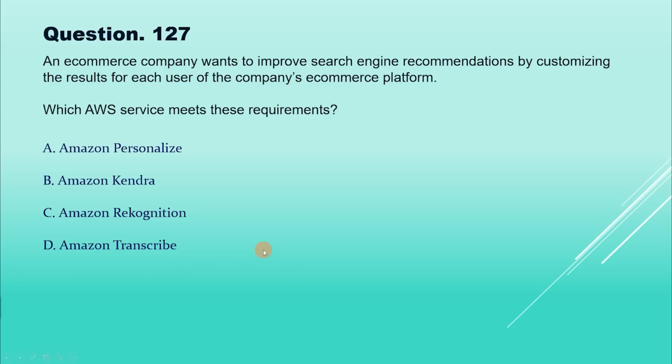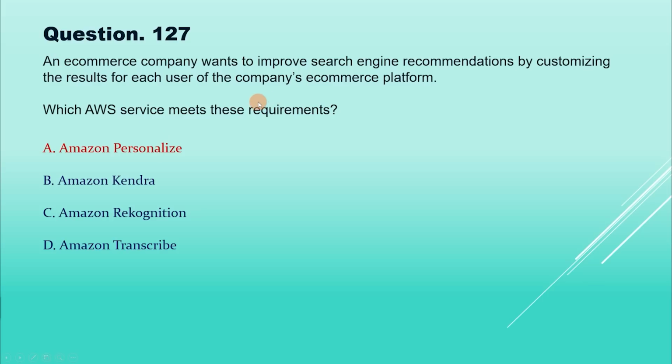So the correct answer here will be option A, Amazon Personalize, because it is a fully managed service that allows companies to build personalized recommendation systems for individual users. It's perfect for customizing search engine results based on user preferences and behaviors. So option A, Amazon Personalize, is the correct answer here.